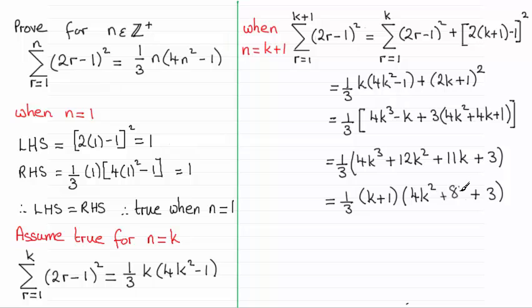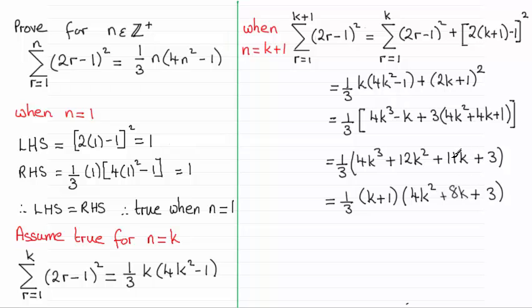So if we just write that in there, that's 8k. Check it out: you should be able to get that 11k as well from this as a check. That's going to come from doing 1 times 8k, which is 8k, plus k times 3, 3k. 8k plus 3k makes 11k.